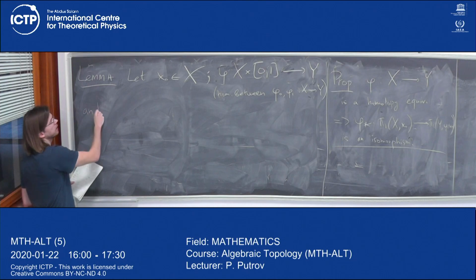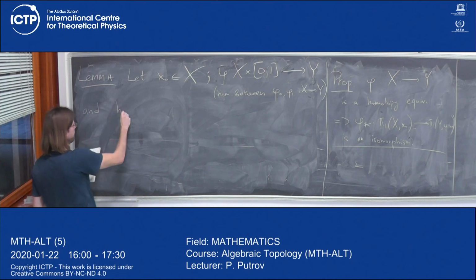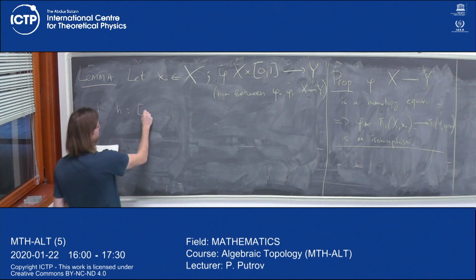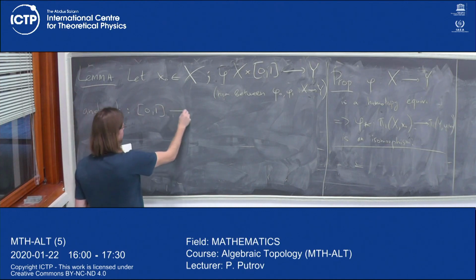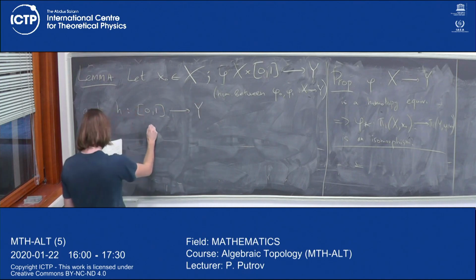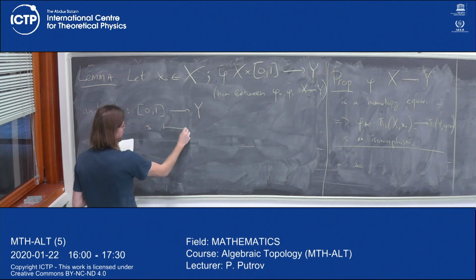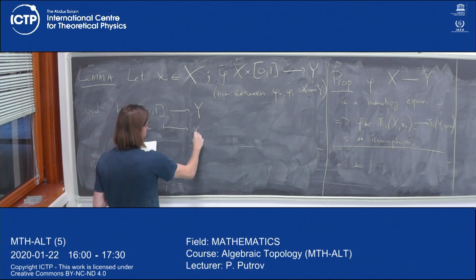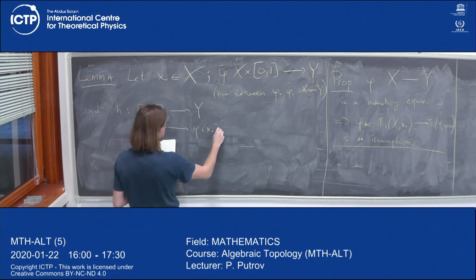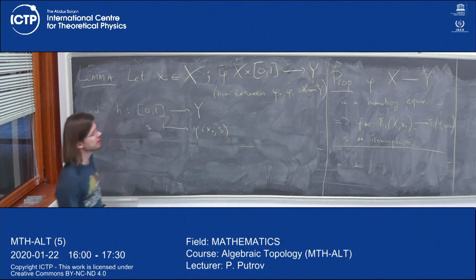And let me define H to be a map from the unit interval to Y, such that it sends s to phi of x0, my point fixed here, comma s.